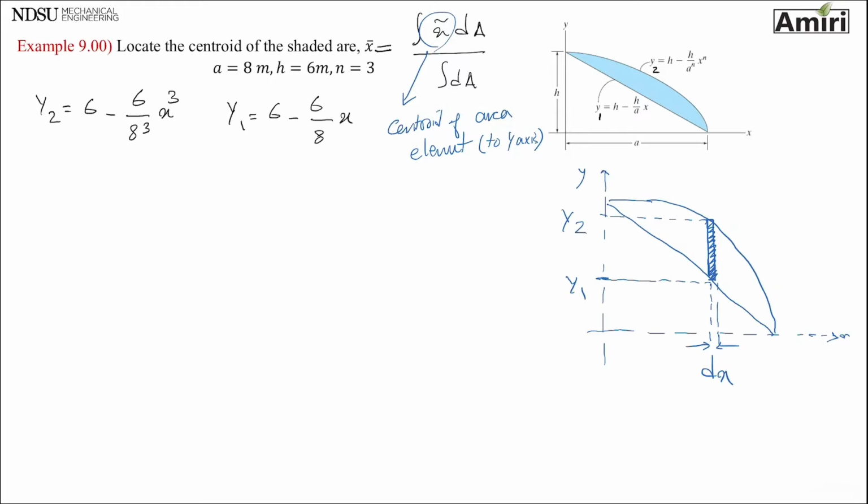This one is y2. This length right there is y2 minus y1. Okay. So my x tilde, which is the centroid of dA to the y-axis, is going to be right there, which at any given moment is located at x. So this is x.